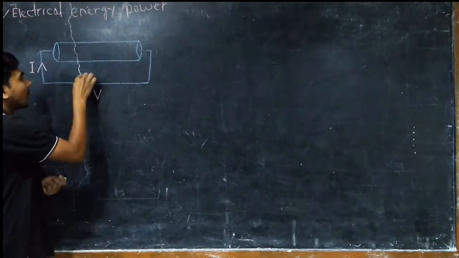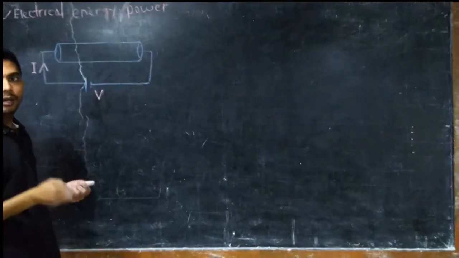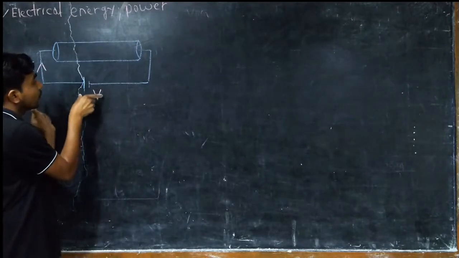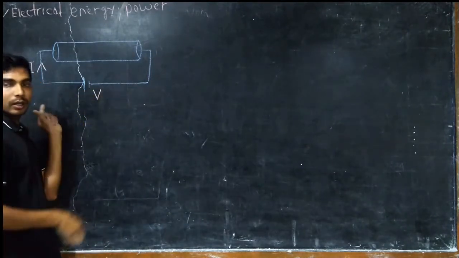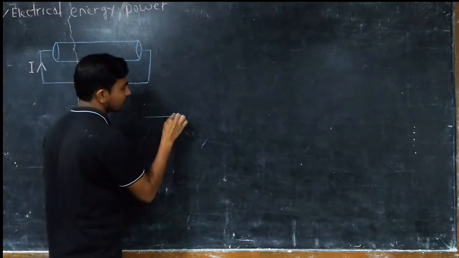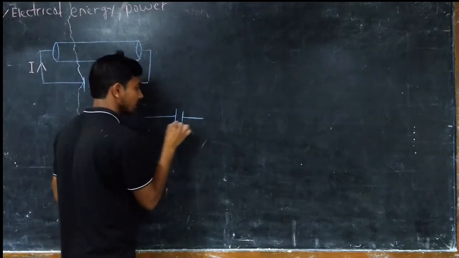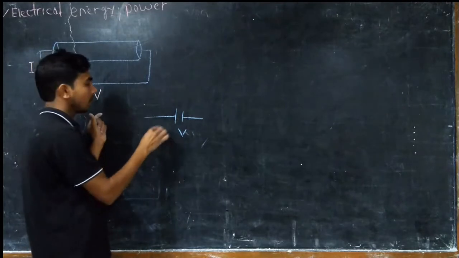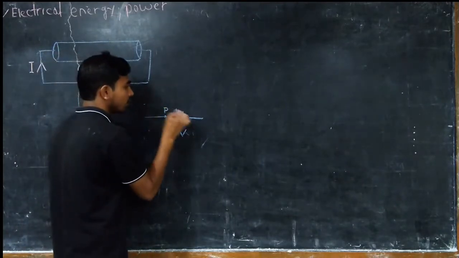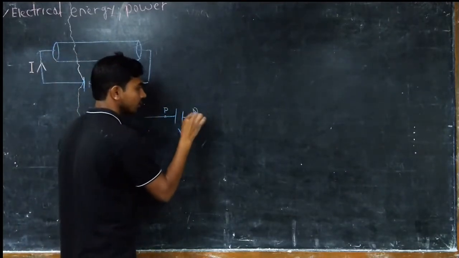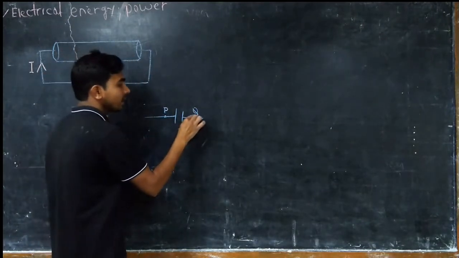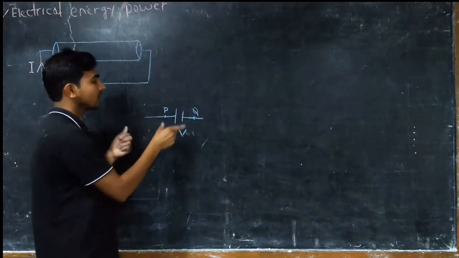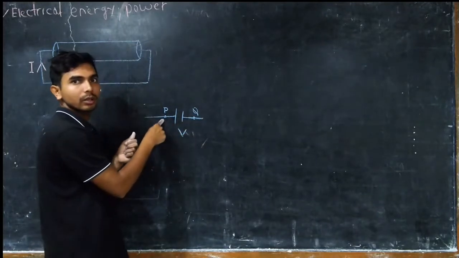Now, what is the job of a battery? If the battery is having potential V, and you connected the battery across 2 points P and Q, then this battery will create a potential difference of V across this one.